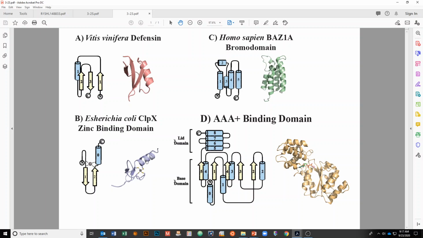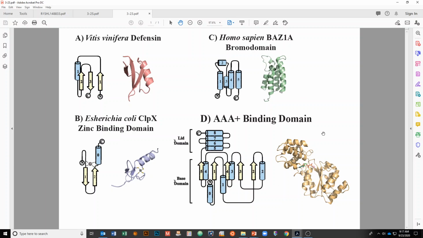Your alpha helix is held in place by this zinc interaction relative to your beta strands. In the case of the human BAZ1A bromodomain shown here in part C, you've got a bunch of alpha helical strands that are held together also. You know, based on the backbone hydrogen bonding, how the individual helix forms, but you don't know much more.